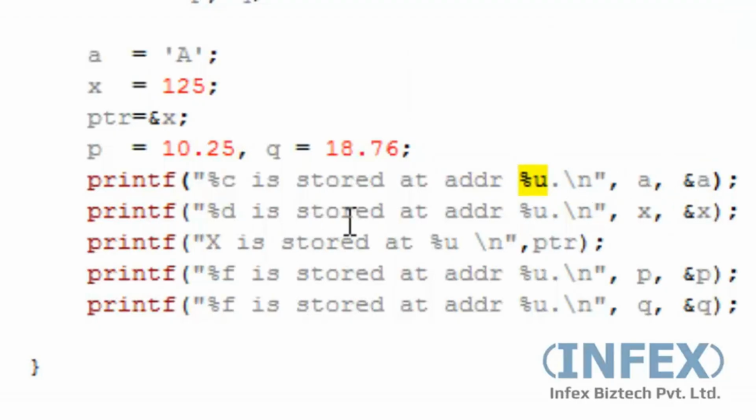In the second statement we are printing the value and address of X. In the third statement we are printing the address of X using pointer. So we have written X is stored at %u and we are getting that address from the pointer variable which is here ptr.